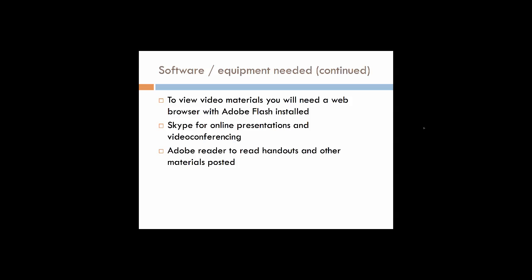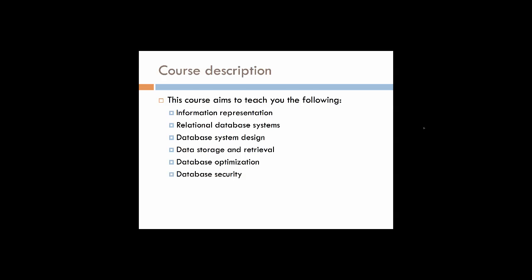You can download it for free from skype.com. As I said earlier, my Skype username is Vshehu. Additionally, you will need Adobe Reader, since most of the handouts that I will publish in Libri will be in PDF format. You can download it for free from adobe.com.